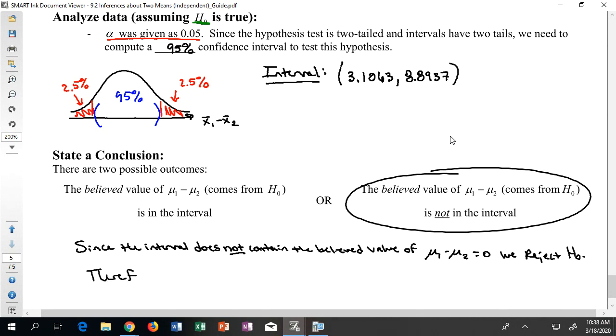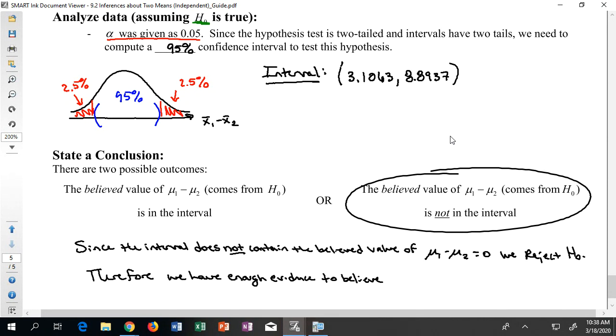So, therefore, we have enough evidence to believe whatever H1 says.